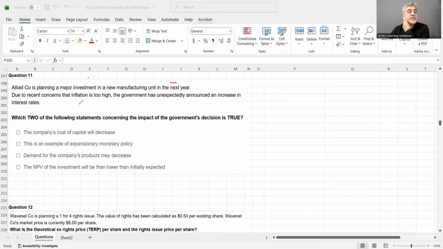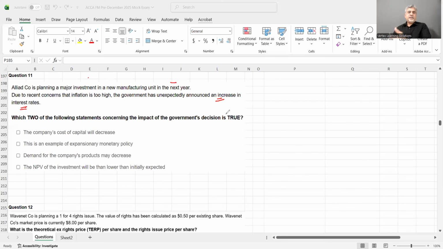Due to recent concerns that inflation is too high, the government has unexpectedly announced an increase in the interest rates. Which two of the following statements concerning the impact of the government's decision are true?